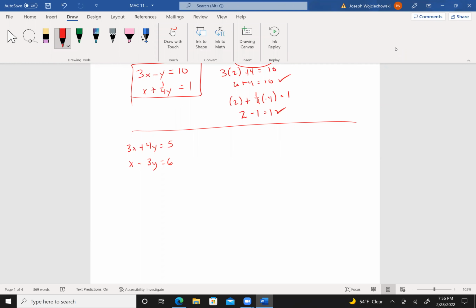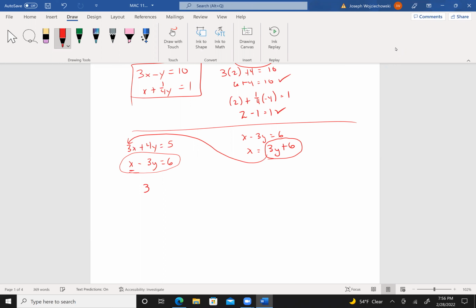Well, I'm looking at the second one here, and it looks like it'd be easy to solve for x. So let's go ahead, we'll rewrite this over here and solve for x. X equals 3y plus 6. So now we take this value of x here and we put it in for x here.